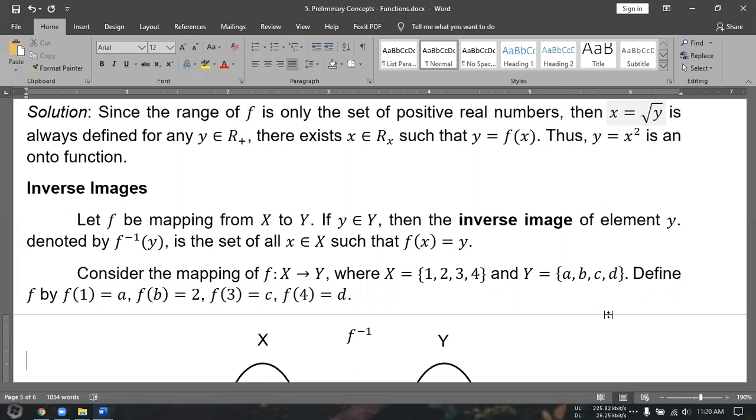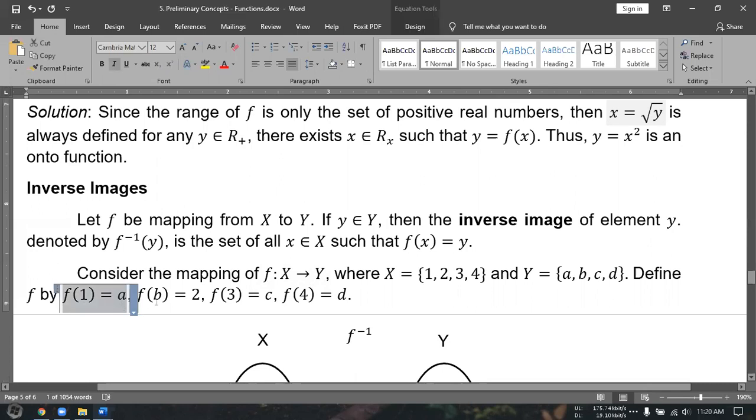Okay, siguro mas maintindihan natin to with examples. Consider the mapping of f where x maps to y, where the elements of x are 1, 2, 3, 4 and the elements of y are a, b, c, d. Now, the definition of f: f of 1 is a, or 1 maps to a, 2 maps to b, 3 maps to c, 4 maps to d.